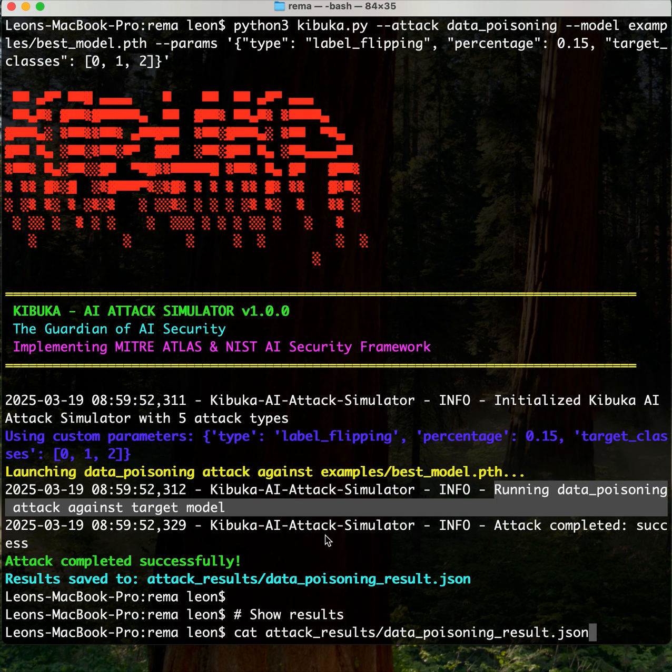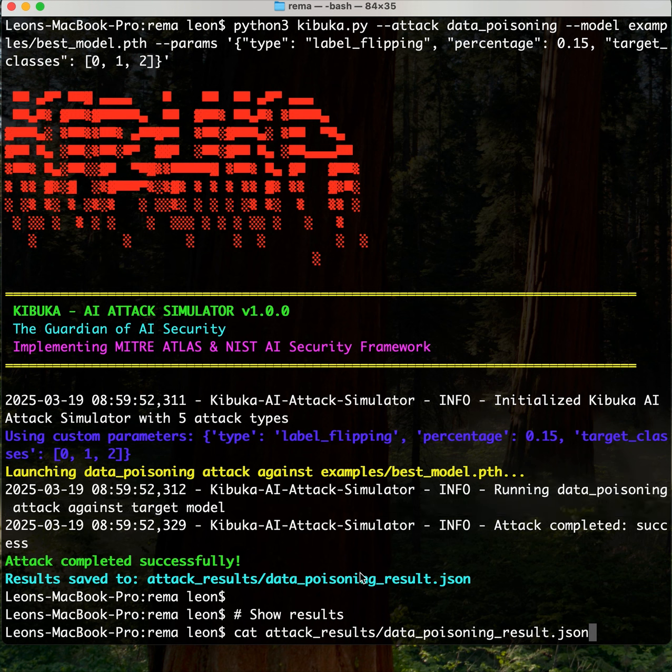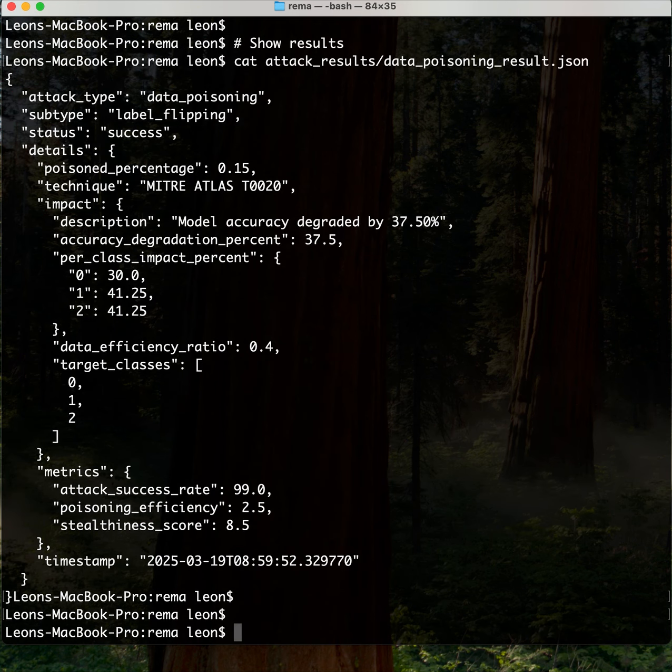It will run, of course, and then successfully complete the attack. So the results are always saved to this folder. And then if we want to explore the results on this particular model, you can see the type, the status, and the technique that was used, and the model accuracy degraded.